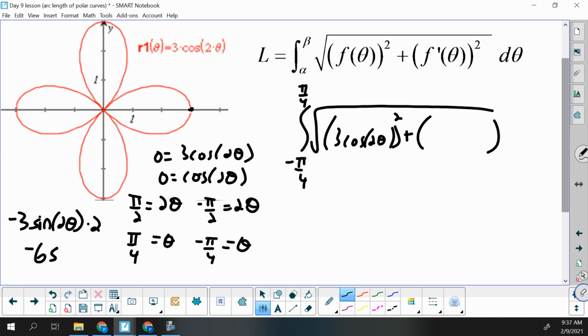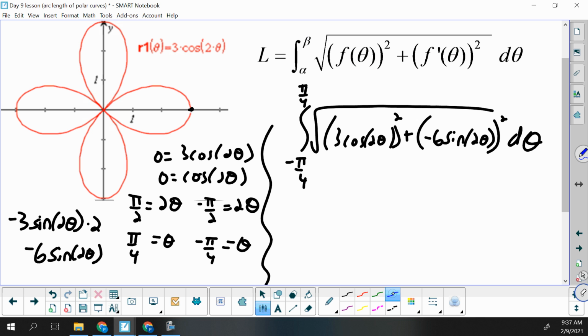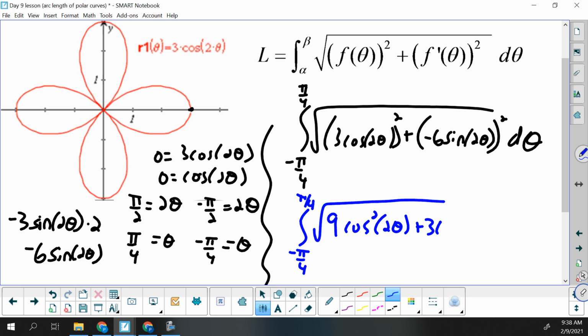So that's going to be negative 6 sine of 2 theta that we'll put in for our derivative, which would then get squared, and we'd have a d theta. So this is from negative pi over 4 to pi over 4. If we square those, we'll get 9 cos squared of 2 theta plus 36 sine squared of 2 theta d theta.